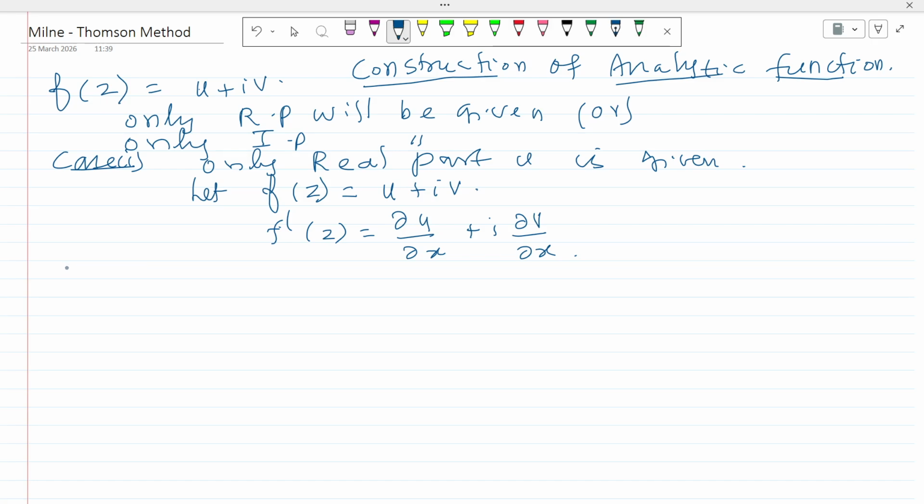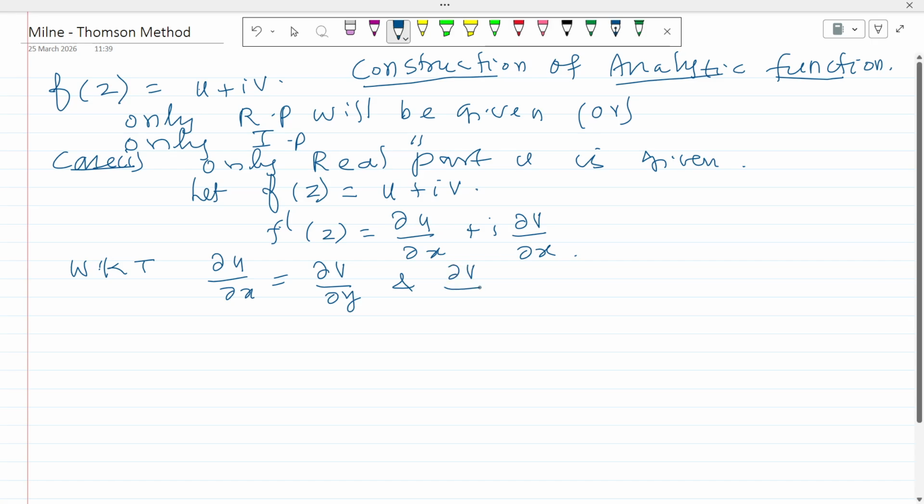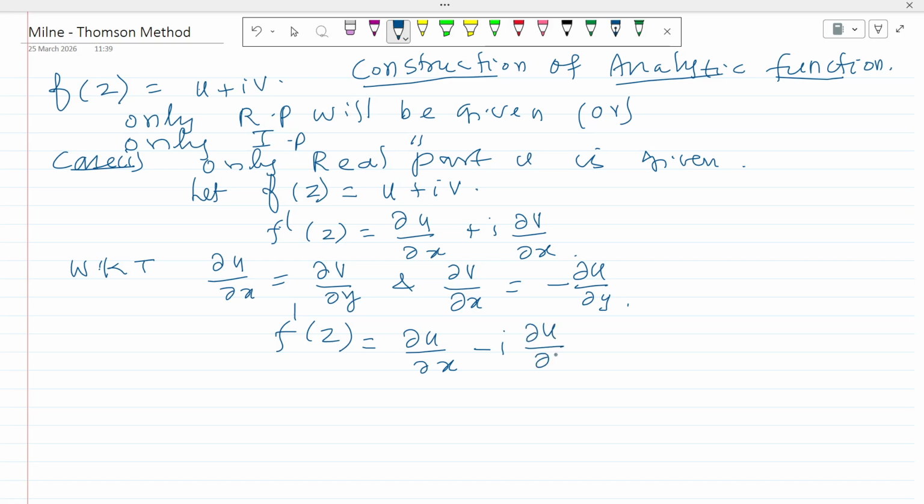We know that dou u by dou x equals dou v by dou y, and dou v by dou x equals minus dou u by dou y. Then f dash of z can be written as dou u by dou x minus i dou u by dou y.